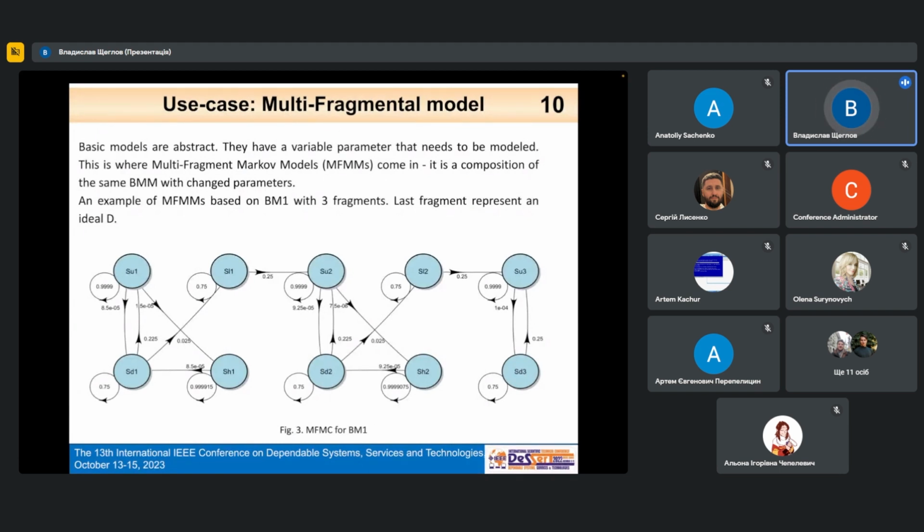And here you can see in this figure the synthesized multifragmental Markov chain model from basic model 1. So this model is now comprehensive. It is a graph that we can model and simulate. It consists of 3 fragments, and the last fragment contains only 2 states because it represents ideal error detection. That's why we don't need a hidden error state and learning state.